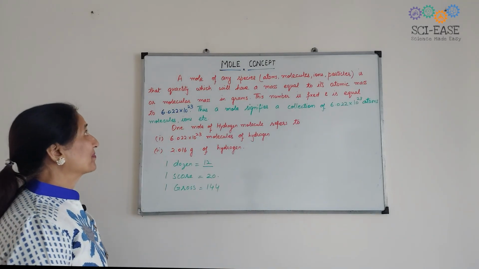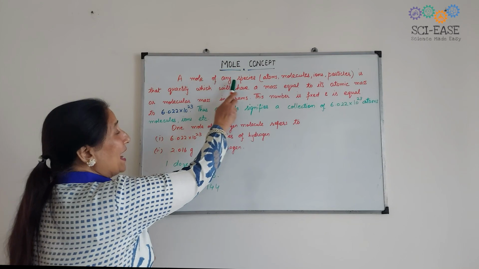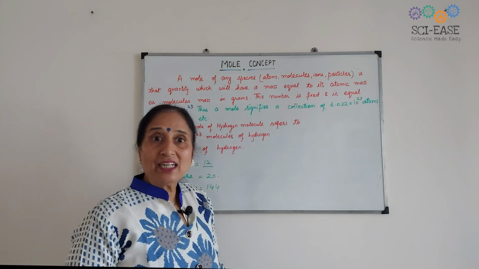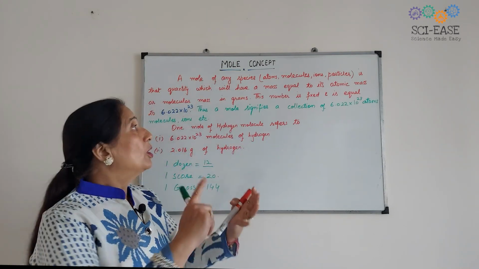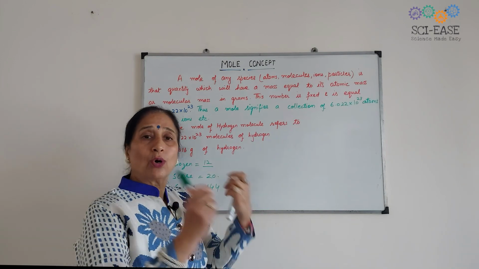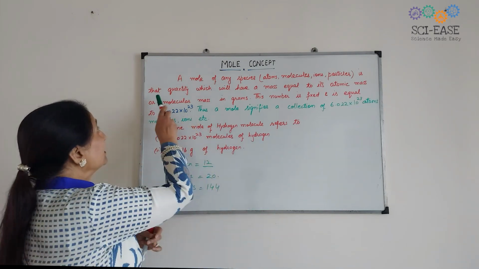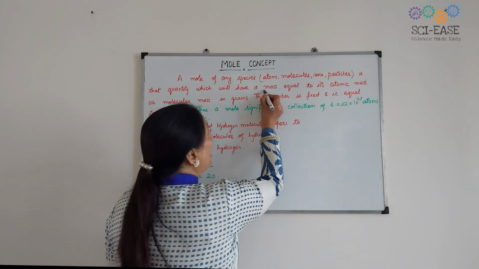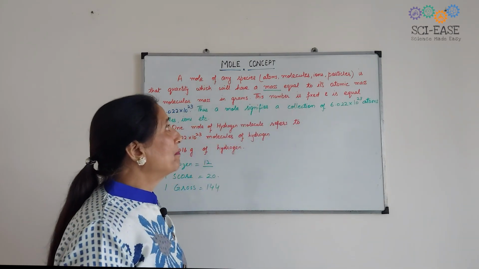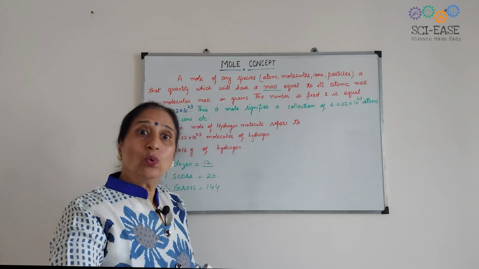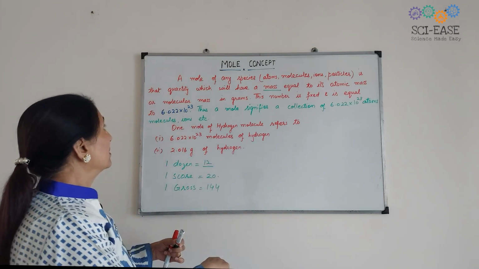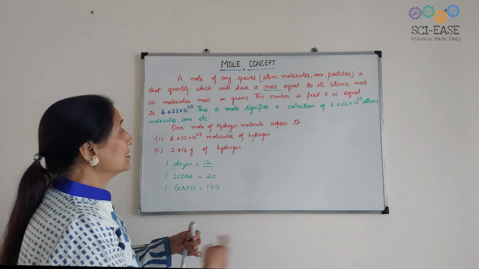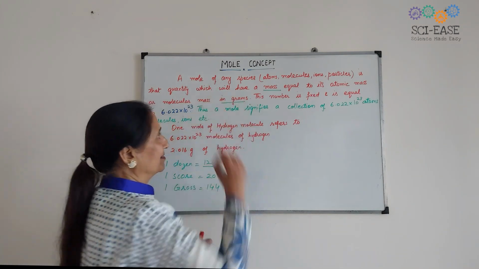So a mole of any species, and that species may be atoms, molecules, ions or any particles, is that quantity which will have a mass equal to its atomic mass or molecular mass in grams.